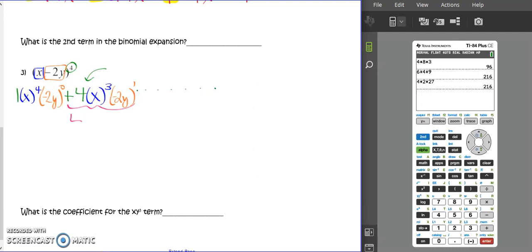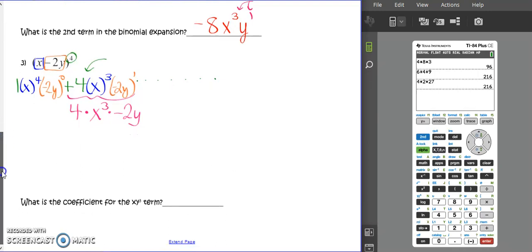We have 4 times x to the third times negative 2y. Our answer just says what's the second term, so we want that whole piece. Negative 8x to the third y. Okay? Now I want you to notice something here. Look at how the exponents, the 3 and the 1, they added up to 4. Just a little free side note.